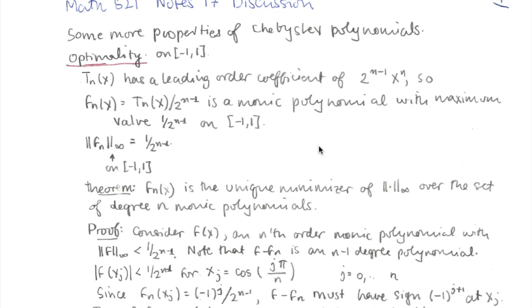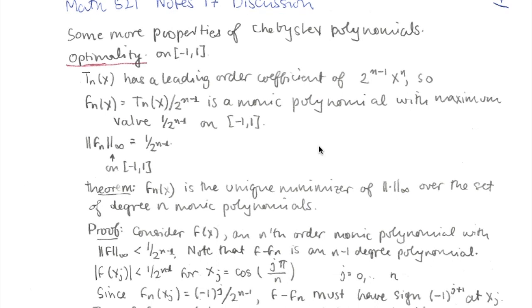The first part, from which the other things will be derived, is the optimality estimate on the maximum norm of Chebyshev polynomials on the interval -1 to 1.